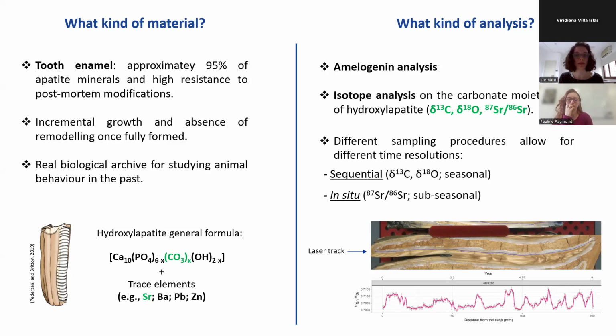So we sampled the teeth sequentially for carbon and oxygen isotopes. This means sampling the tooth from the apex, where there is the oldest enamel, to the enamel root junction, where there is the younger enamel, like you see in the drawing on the left.